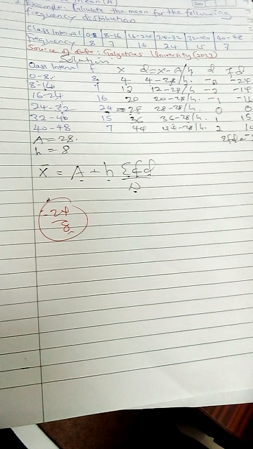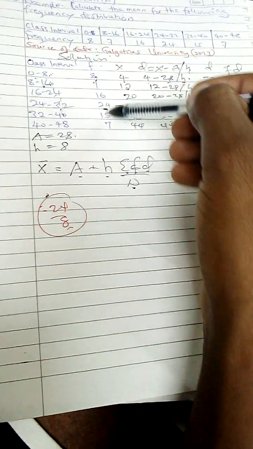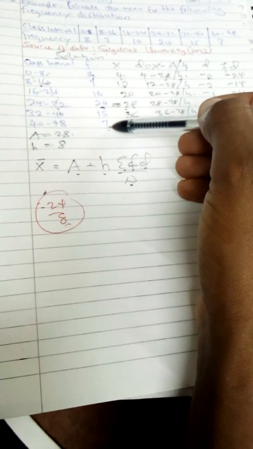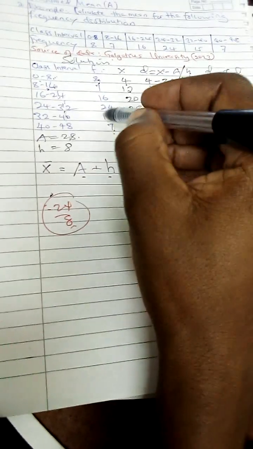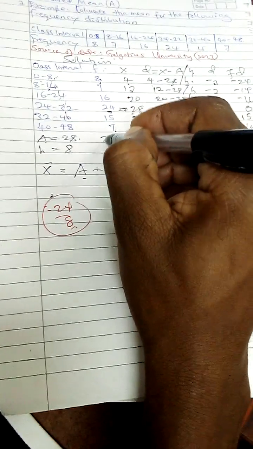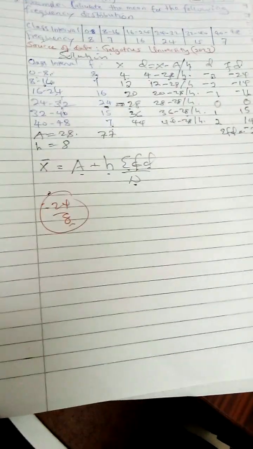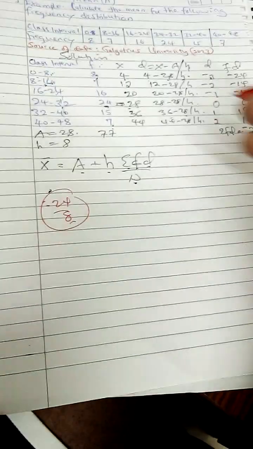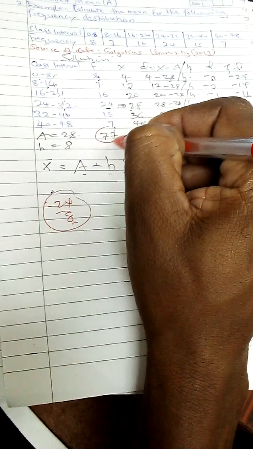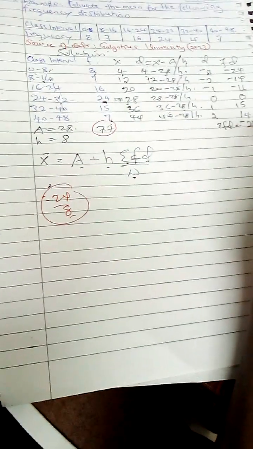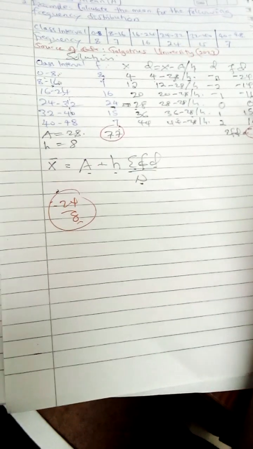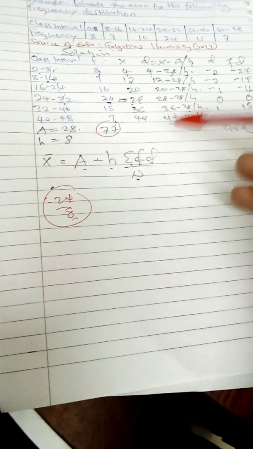Again, you find the total frequency. The total frequency is 77. Now we already have these values, and it is easy to substitute them into the formula.